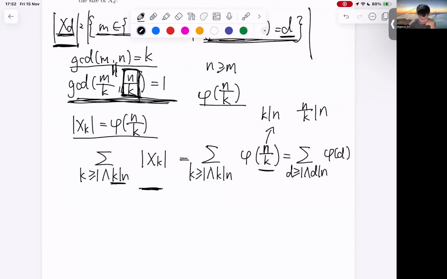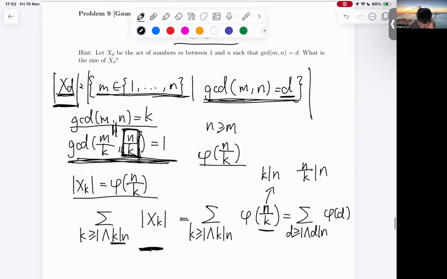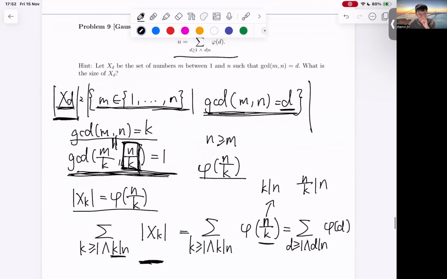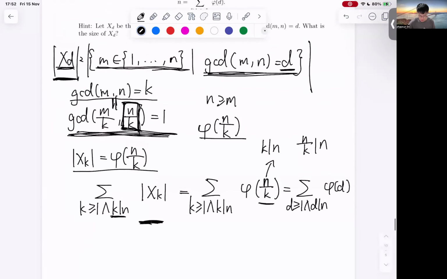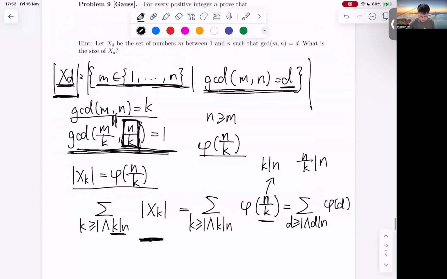And if we think of all of the sets, so if we're counting all of the sets x_1, x_2 up to the largest divisor of n, then the union of these sets should be exactly all of the elements in this range, right?